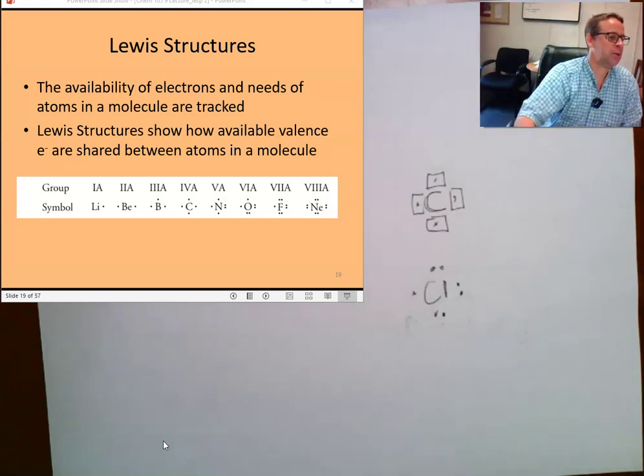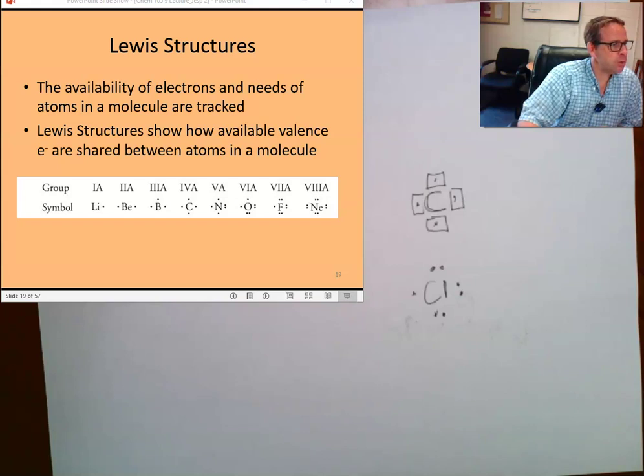All right, very good. So, potassium, first column, 1 electron. This is our Lewis dot structure for potassium. Phosphorus, 5th column, 5 valence electrons like that. Selenium, 6th column, 6 valence electrons just like that. Camille, what are you drawing there?